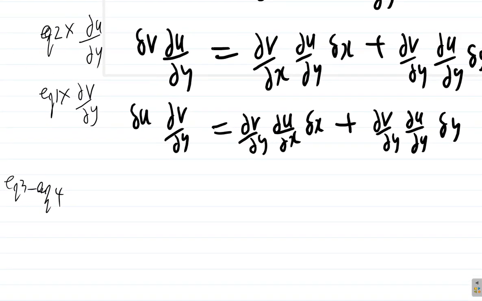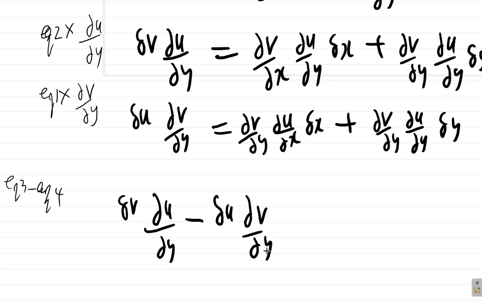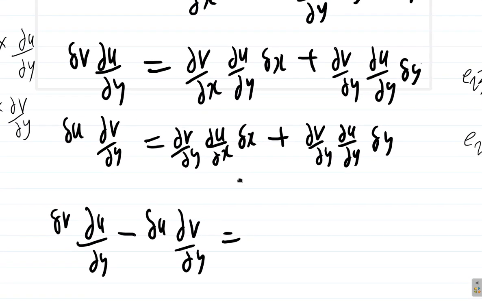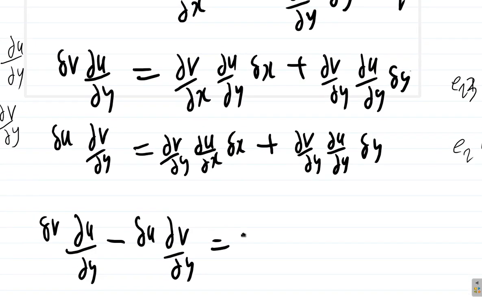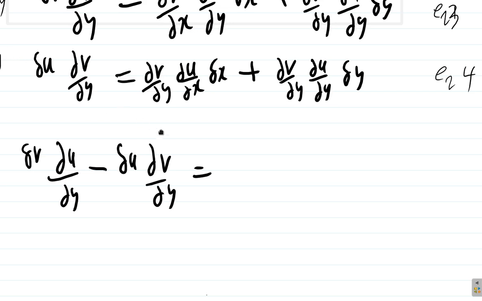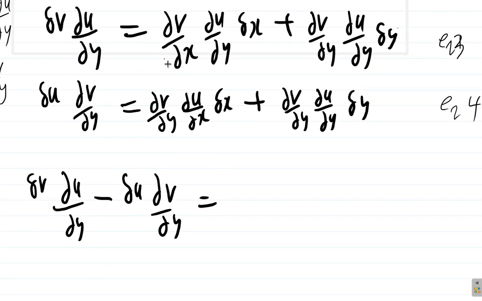When we do this, we have delta V times delta U by delta Y minus delta U times delta V by delta Y equals, alright, this part we have all of this minus all of this, so it's delta V by delta X, delta U by delta Y, which is this, right?